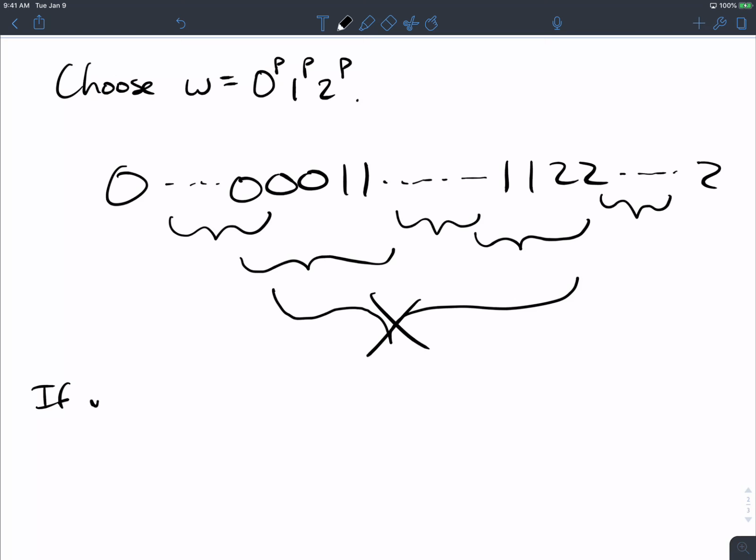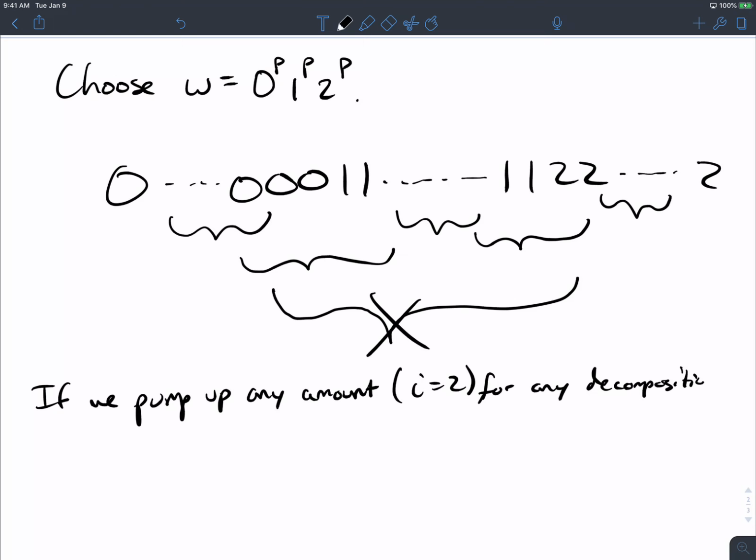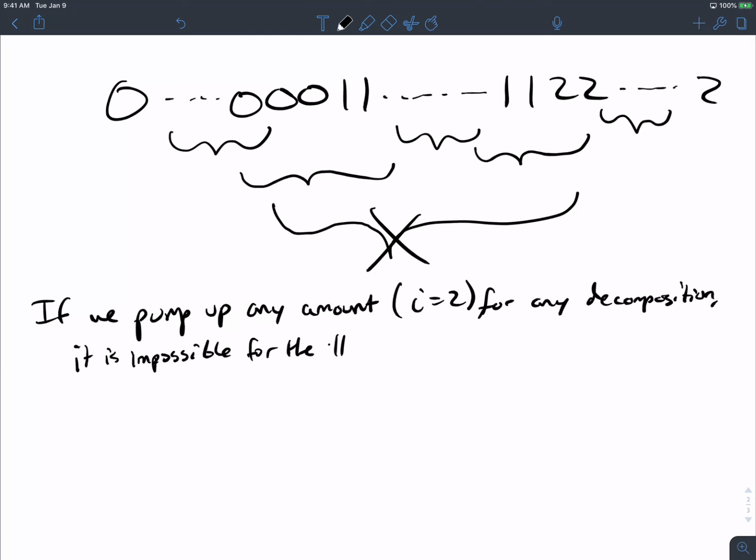So if we pump up any amount, say i equals 2, for example, for any decomposition, it is impossible for the number of 0s, 1s, and 2s to increase the same amount. And the proof for why that's true is the reasoning that we just gave.